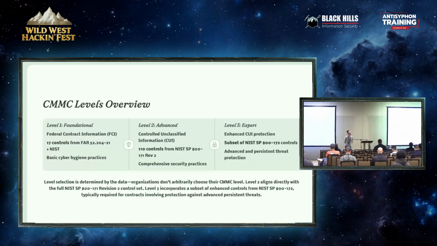So the CMMC levels overview. So level 1, foundational, that is your contract information. Again, the level that you are required to adhere to will be specified in that contract. 17 controls from the FAR 52.204-21, plus the NIST 800-171. So it pulls some NIST controls.